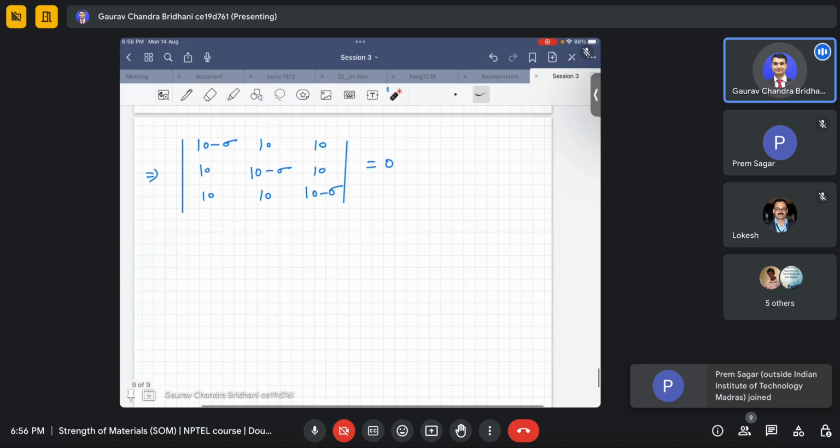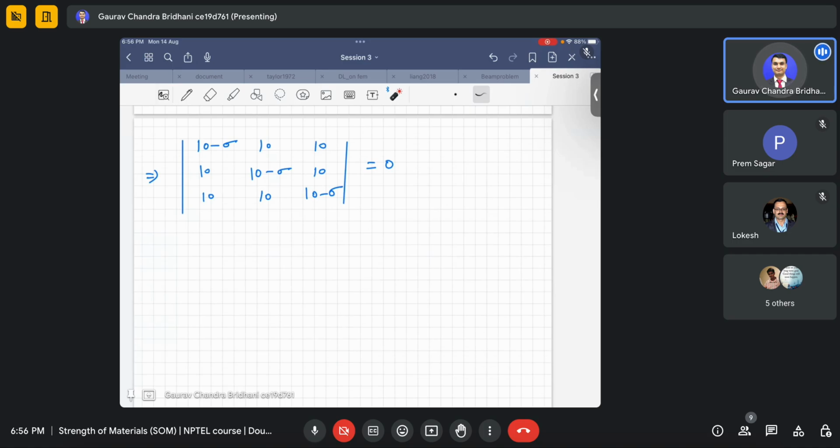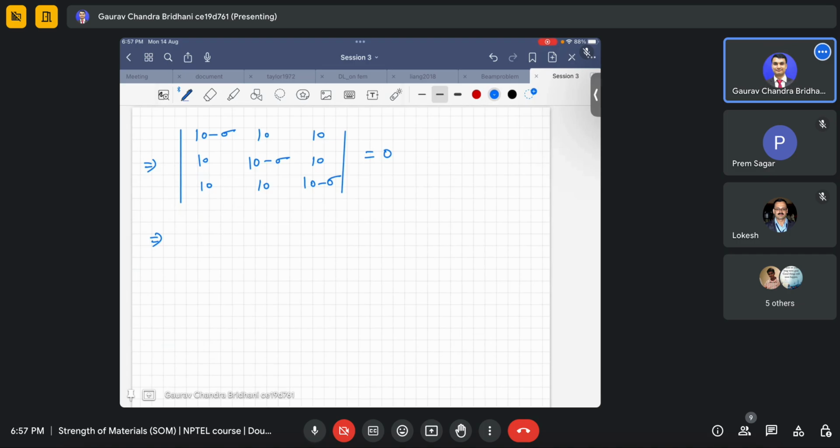So let's do it, because if you don't already know I1, I2, I3, you can directly use this way to find them. We'll just find the determinant.